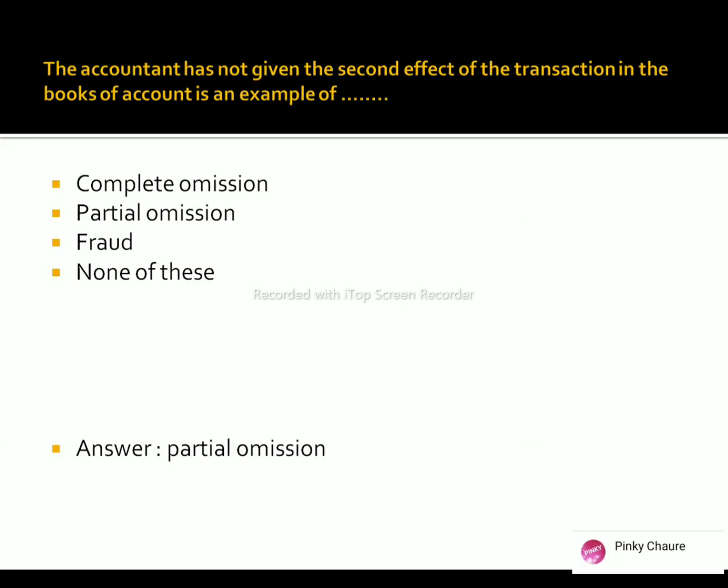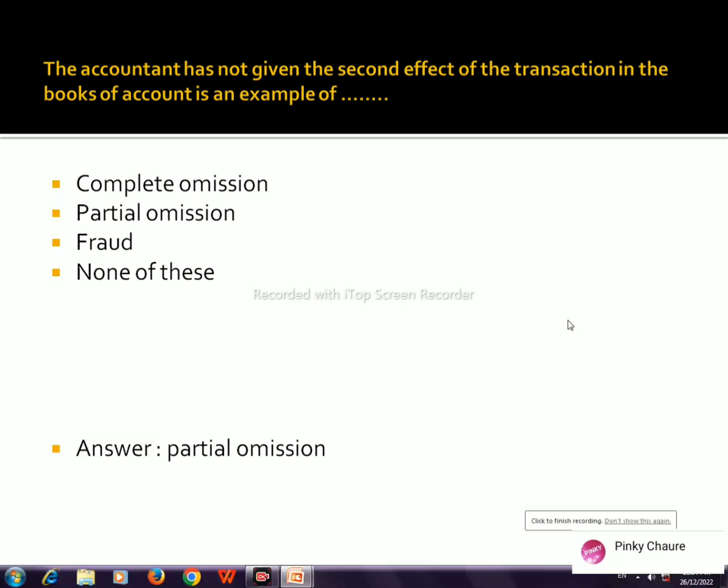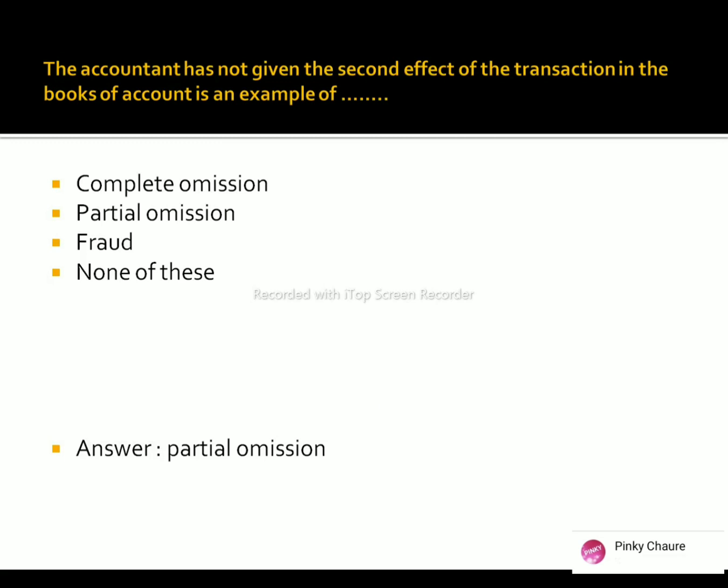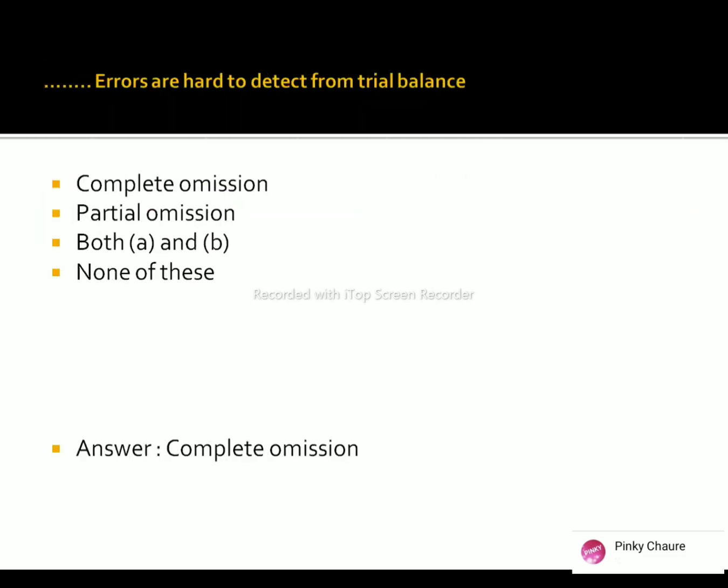The accountant has not given the second effect of the transaction in the books of account, which is an example of dash. Option is complete omission, partial omission, fraud, none of these. Answer is partial omission.